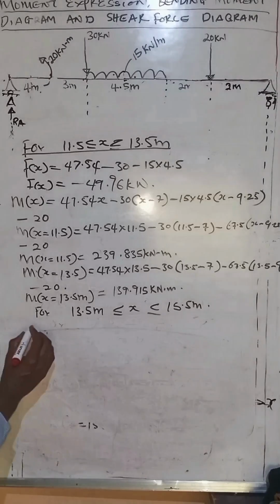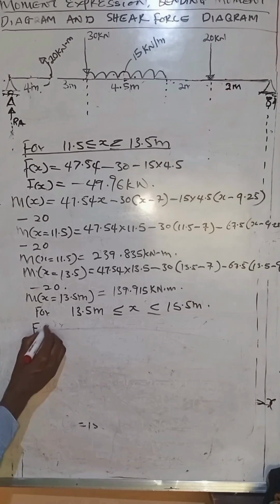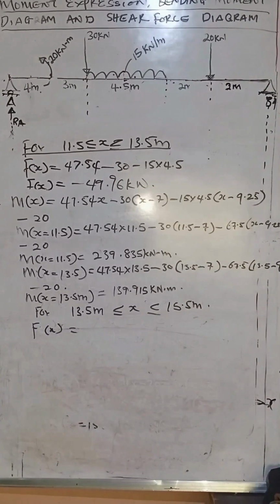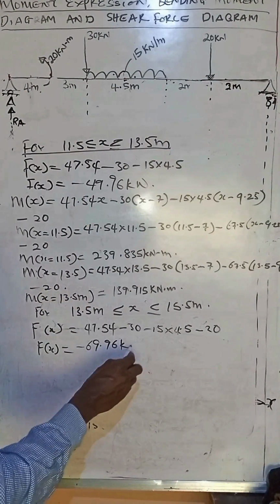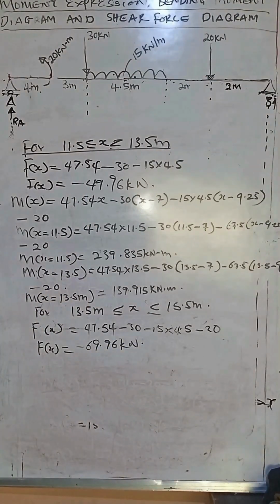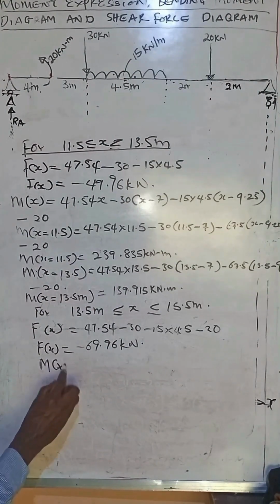All right, now let's begin to substitute them. You can substitute them from the expression on the board. When x is equal to 11.5, we can see the values. When x is equal to 13.5, we can see the values.